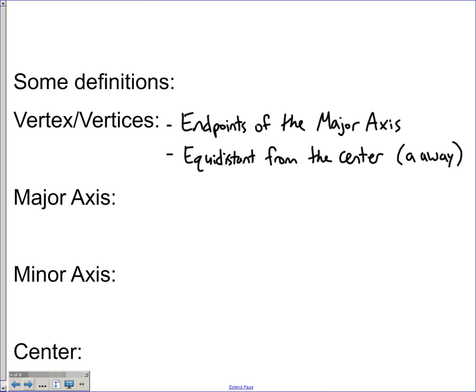Okay, our major axis is going to be what we call a chord. So a chord connecting the two vertices passing through the center.